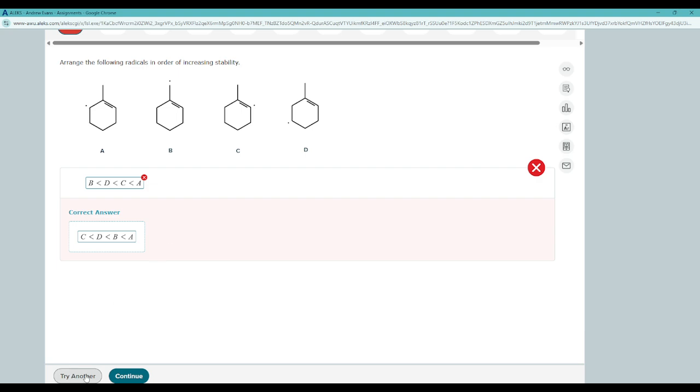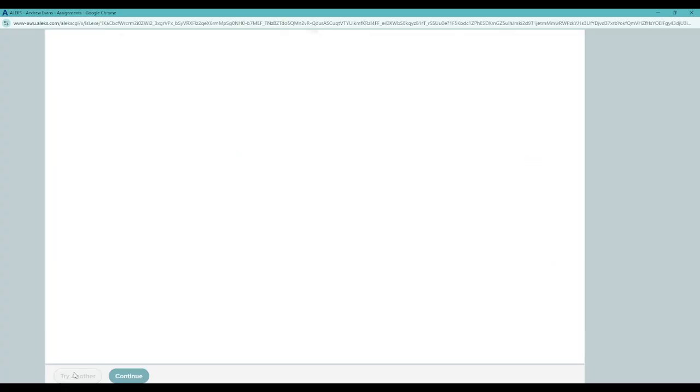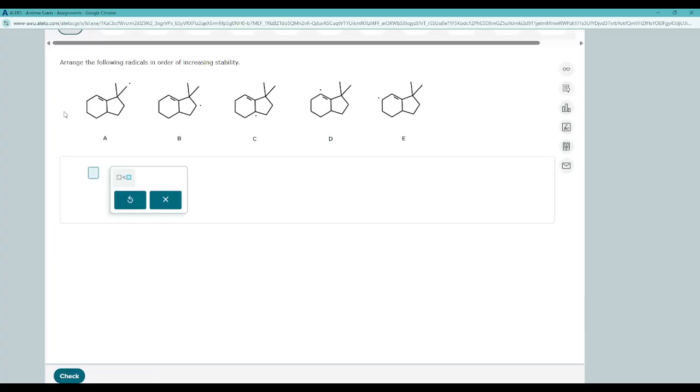Does anyone know why I got that wrong? It's because B, despite being primary, is also conjugated. So let's do this one. You got a primary, you got a secondary, you got a tertiary but allylic, you got that same situation, and then we got a secondary but allylic.